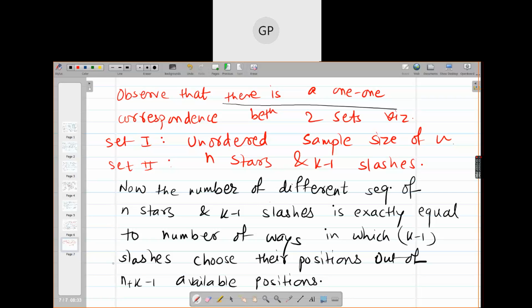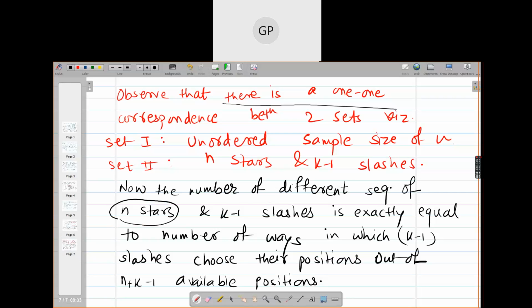So if I'm choosing 5 places for 5 boys, then obviously it is same as choosing 4 places for 4 girls, isn't it? Both will be same, no? Choosing 5 places for boys is same as choosing 4 places for girls out of 9 places. That's what we are writing here.